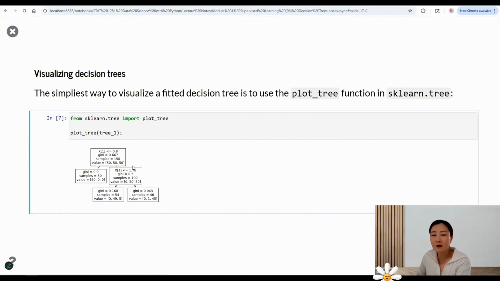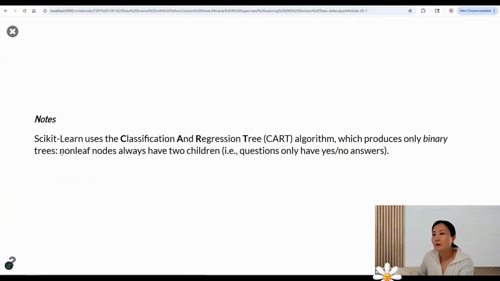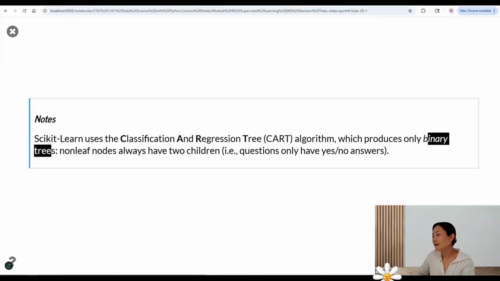Although the y variable has 3 classes, it never splits a set into 3 subsets. It always splits a set into at most 2 subsets. It may end at a node, then the node will become a leaf. But if it splits, it only splits into at most 2 subsets. So that's why it's called a binary tree. This is called the CART algorithm.